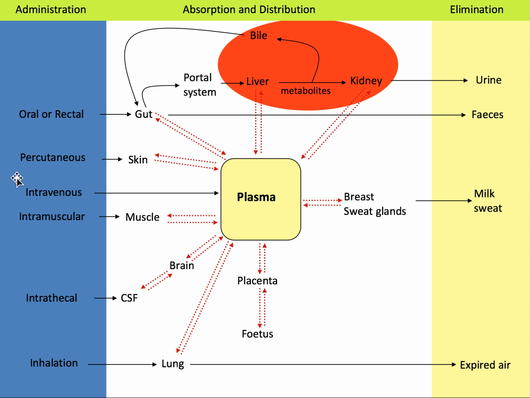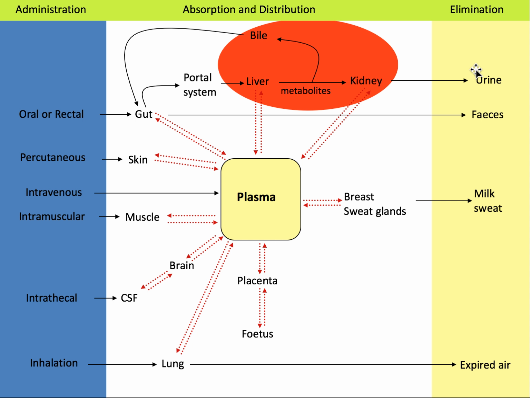This is used to treat fungal meningitis and various different conditions like that, or meningitis in the brain. The next one is inhalation. Many of you are aware of the condition called asthma, where we take salbutamol, and it comes in two different types of pump, a brown and a blue one. So inhalation via the lungs is another one. And on the right here, you can see the different types of elimination that take place.